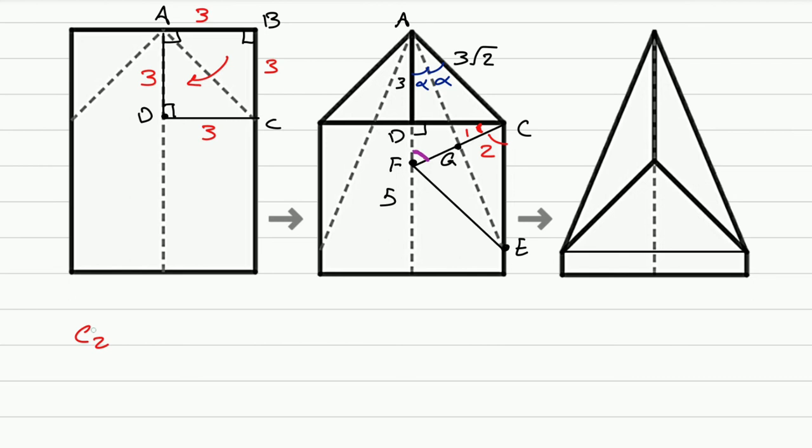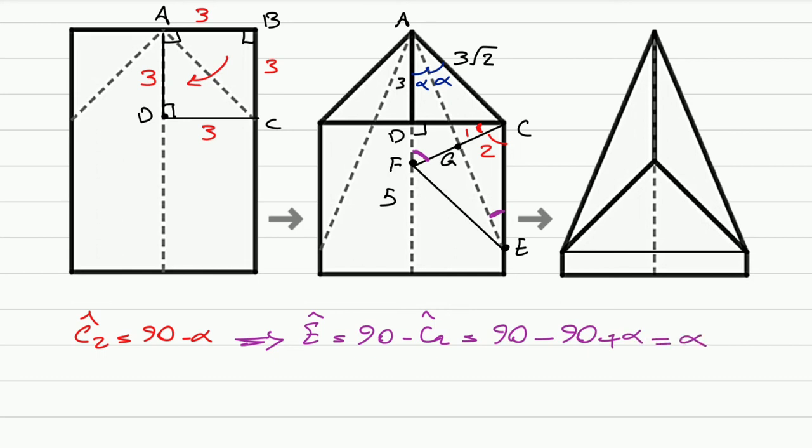So the angle C2 is 90 minus alpha. That means the angle E is 90 minus the angle C2, that's 90 minus 90 plus alpha, that's equal to alpha. Okay, finally, E is alpha, this one is alpha as well.